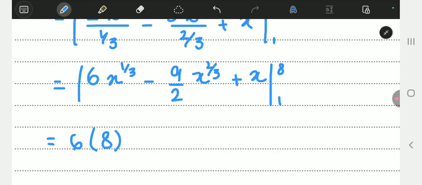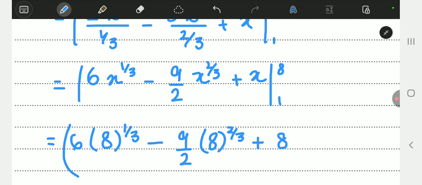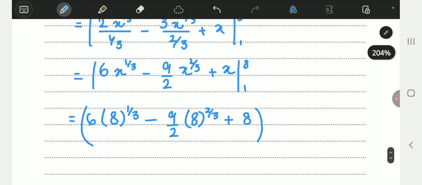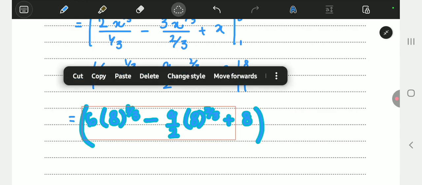When we put the values, at first we have to show them by putting each value, and then you can calculate directly using your calculator. So 6 times 8 to the power 1/3, minus 9/2 times 8 to the power 2/3, plus 8, is what you get when you put the upper limit 8.